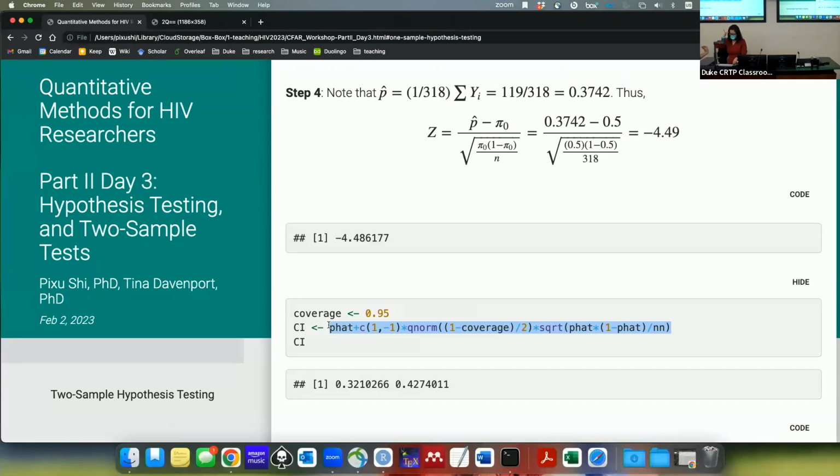Okay, so let's say pi zero is 0.2. This thing being larger than 1.96 is equivalent to saying that 0.2 is outside of this interval. Yeah, but I'm saying you would have to have 0.2 in the denominator. No, there's no 0.2 here. The 0.2 is only here. Oh, I see what you're doing.